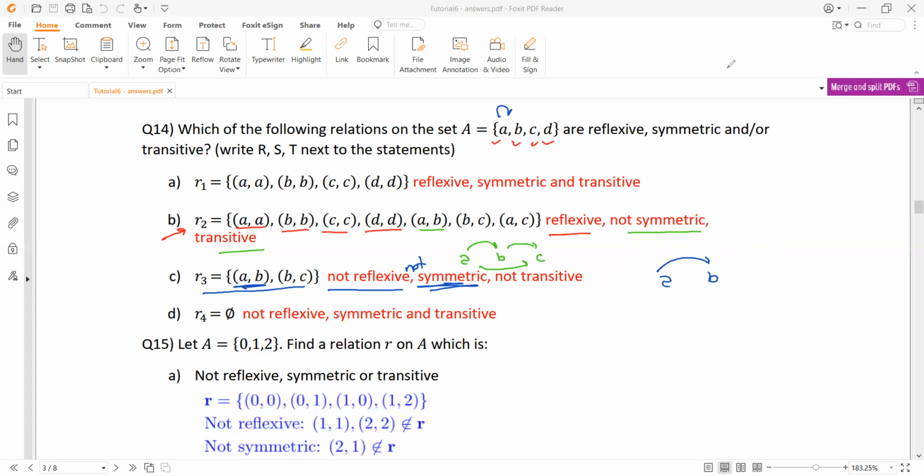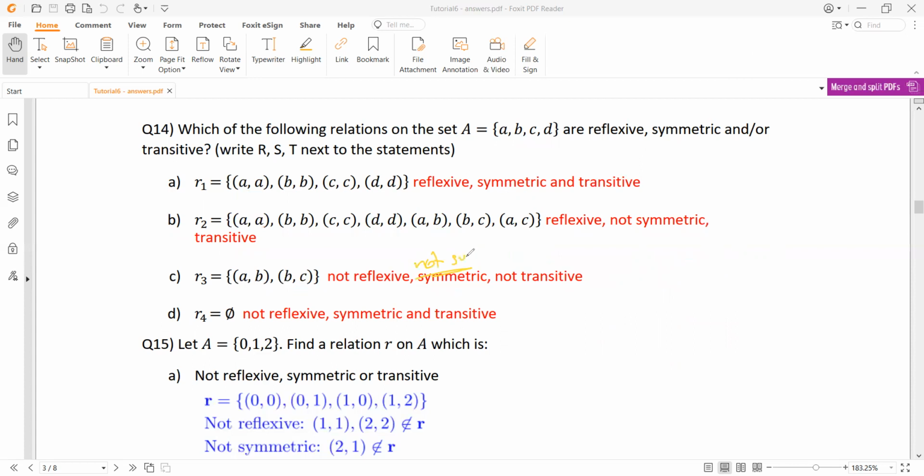I already have A to B and B to C, but I don't have A to C. This doesn't exist, so it's not transitive. So I'm going to correct this: it is not symmetric.